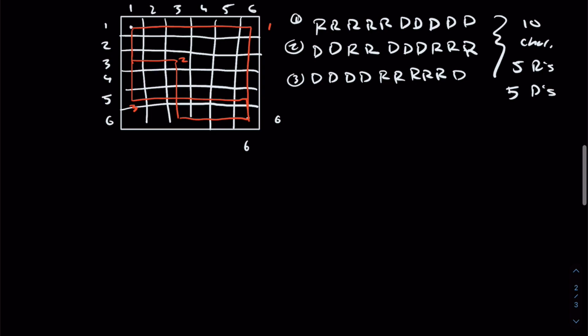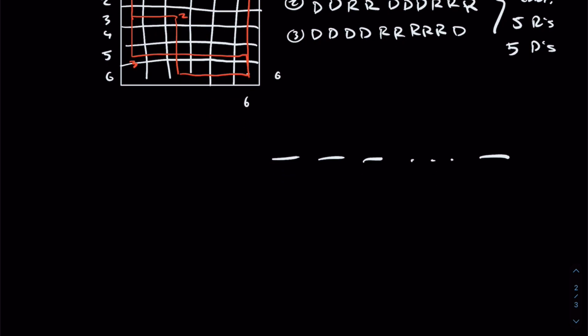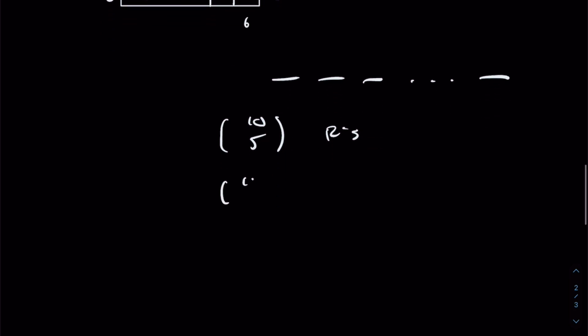In fact, we can generalize this using a combinatorics approach where we have our 10 possible moves, 10 characters, and amongst these 10, 5 of them are R and 5 of them are D. And we can choose them accordingly, where we have 10 total options and 5 of them are R. So this is the number of ways to choose our valid R's, and this is the number of ways to choose our valid D's.